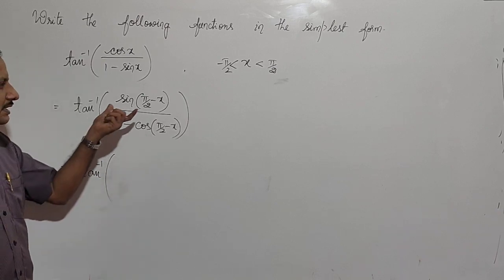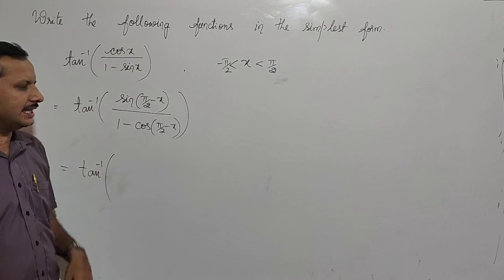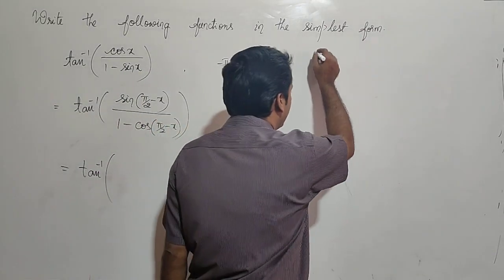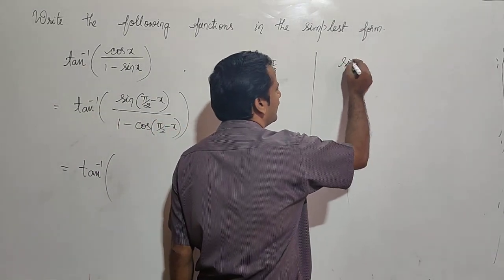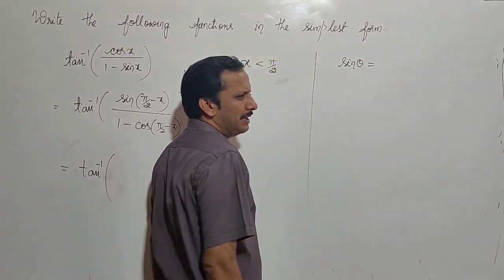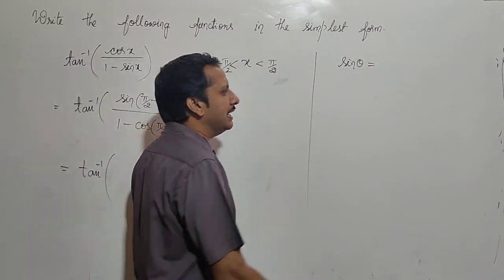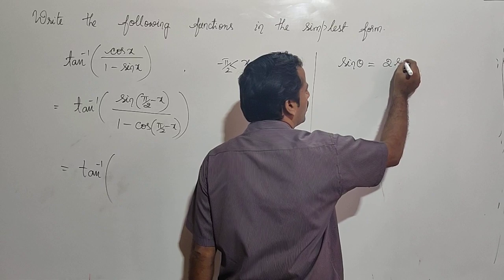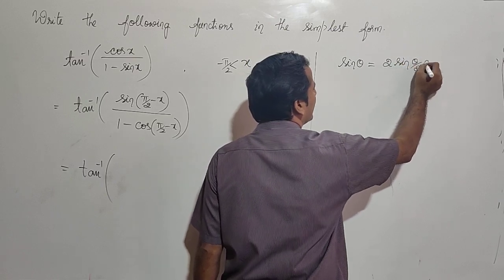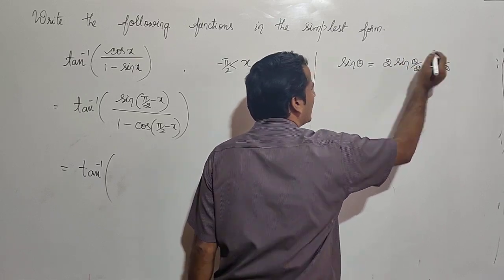tan inverse of this looks like sine theta. Here I would like to use the submultiple angle formula. Sine theta is equal to 2 sine theta by 2 cos theta by 2.